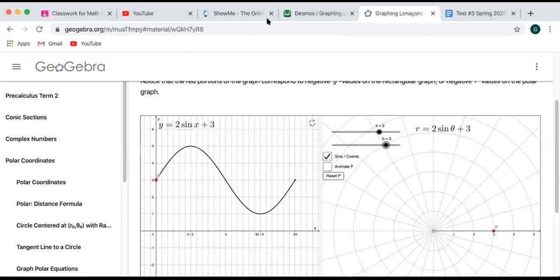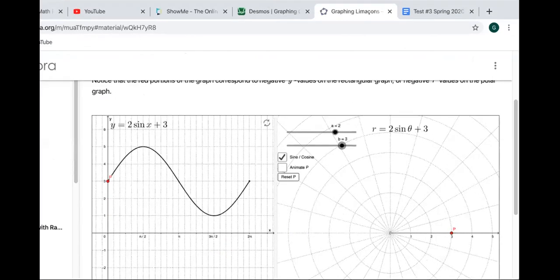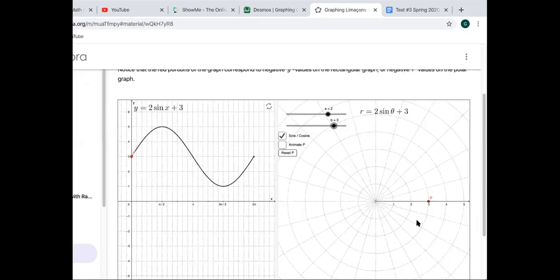Okay, so on the left, you can see the rectangular graph. On the right, check this out. And this is really neat and fun to do. I'm moving this point around, and watch. It goes up, and like I said, it would hit 5 at 90.